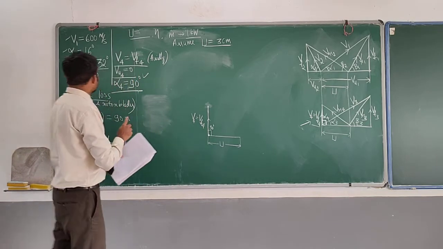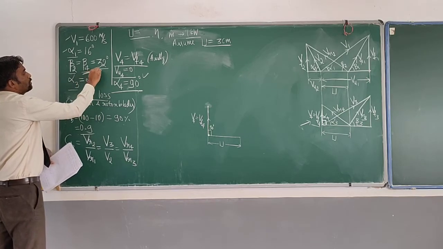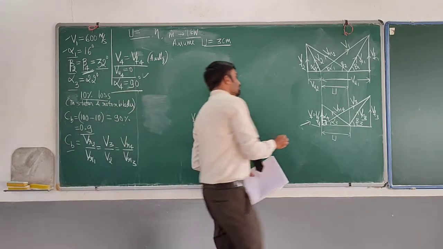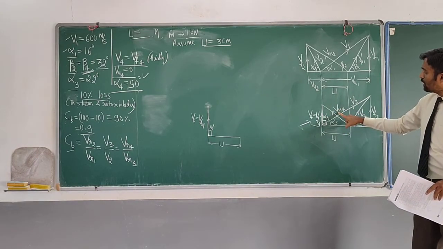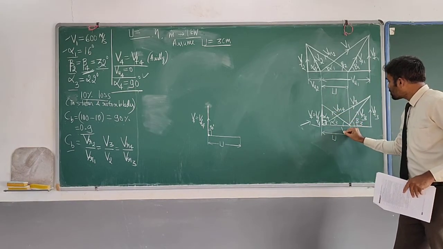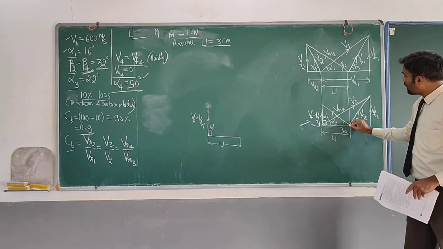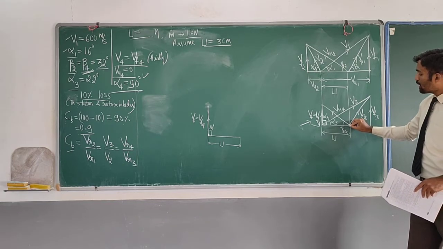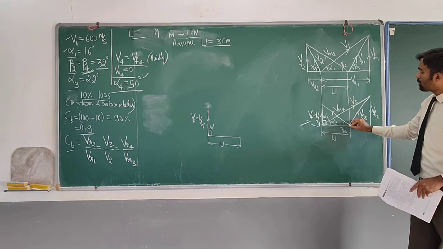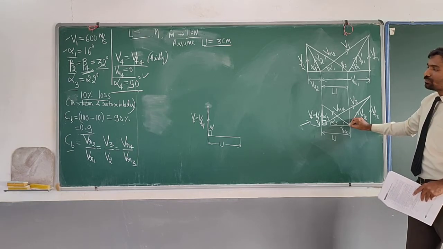It is given that the beta 4 angle is 32 degree. This is the line which is representing VR4, and it makes an angle beta 4 with the horizontal. So I know the angle beta 4, but I don't know the length VR4. What I can do is, using a protractor from this reference point, draw an angle of 32 degree, which is beta 4.